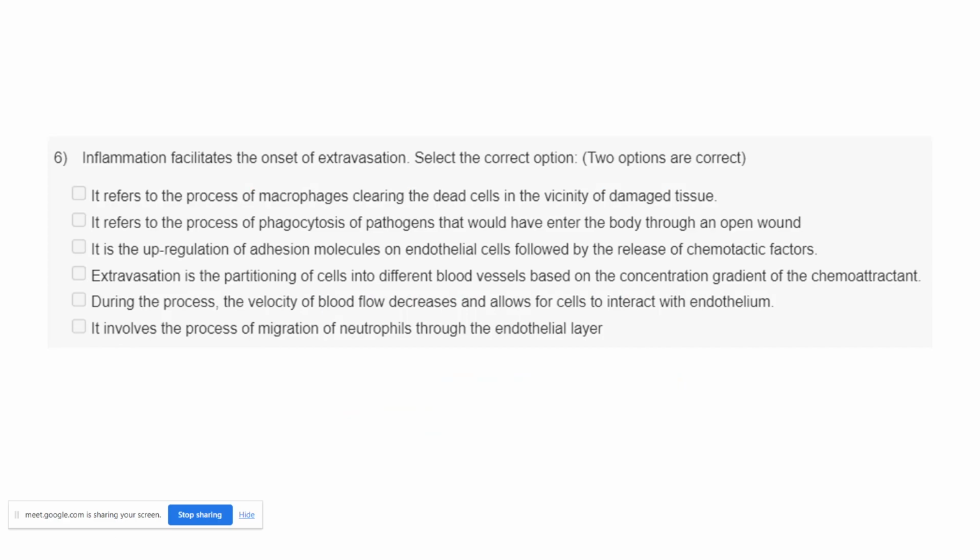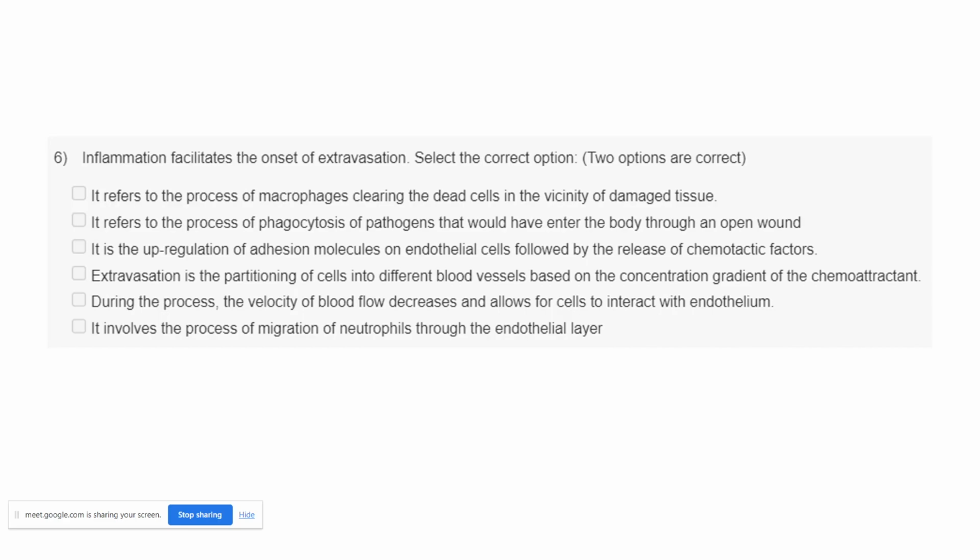The next question. Inflammation facilitates the onset of extravasation. Select two correct options. It refers to the process of macrophages clearing the dead cells in the vicinity of damaged tissue. It refers to the process of phagocytosis of pathogens that would have entered the body through an open wound.